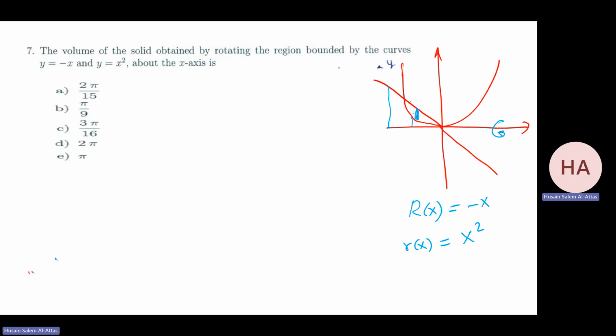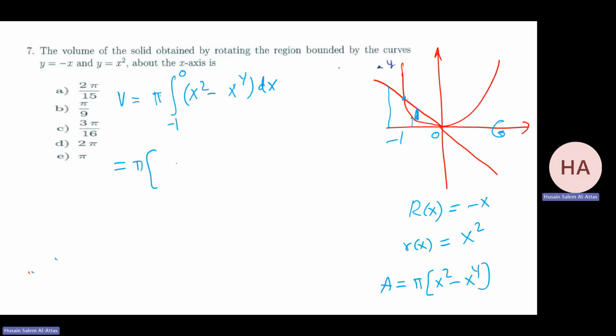This one, I know it's minus 1, and this is 0. So from minus 1 to 0. So the volume will be, and the area will be what? π times capital R squared, which is x squared minus x to the power 4. That will be the area. So that will be π times the integral from minus 1 to 0 of x squared minus x to the power 4 dx.